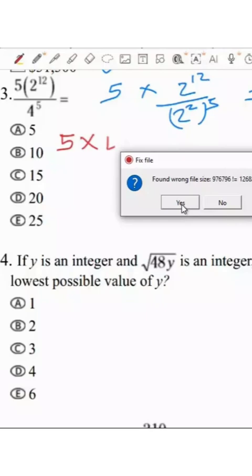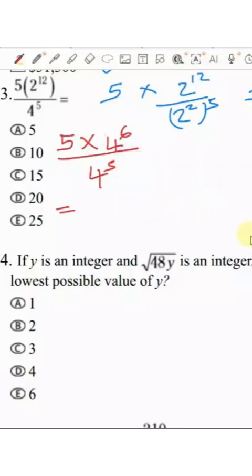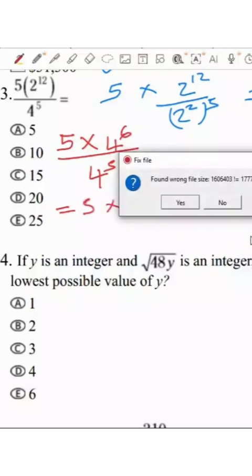So 4 raised to the power 6 divided by 4 raised to the power 5. 6 minus 5 is 1. So we have 5 times 4 raised to the power 1, which will give us the same answer as before, 20.